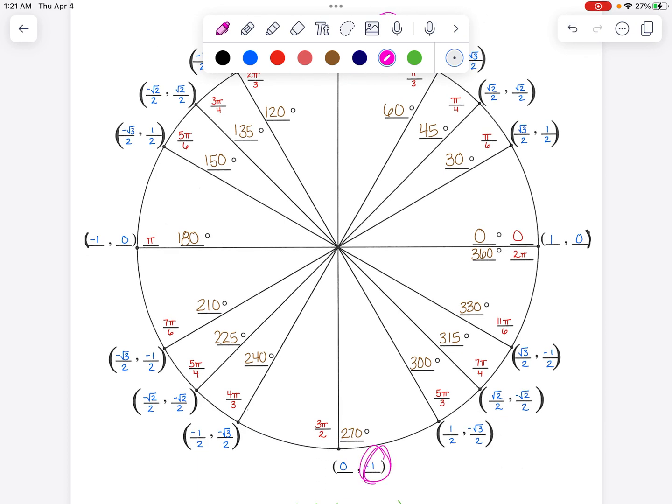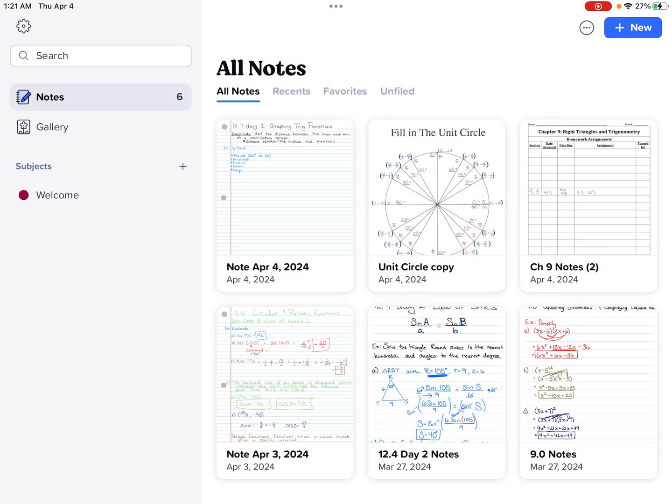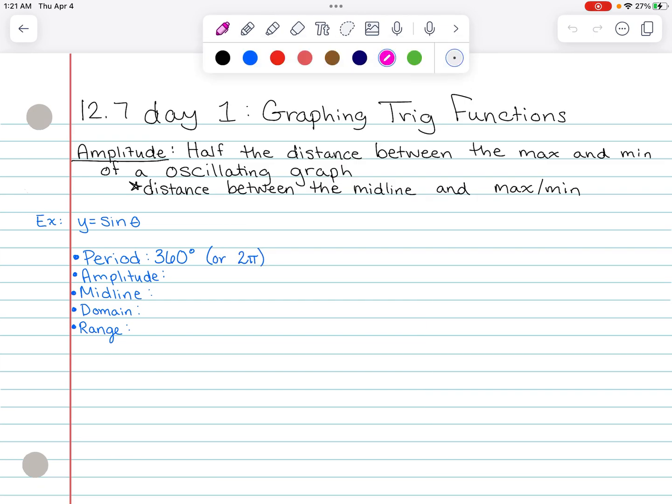That is as big as sine gets. And it goes down as low as -1. The distance between 1 and -1 is 2. And half that distance is 1. A typical sine function, or cosine function for that matter, will have an amplitude of 1.